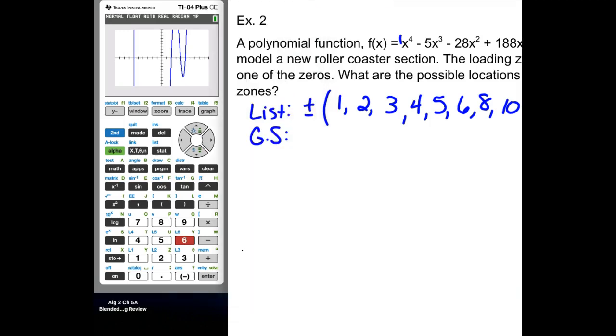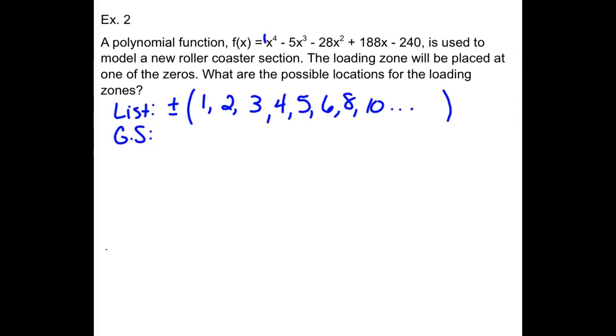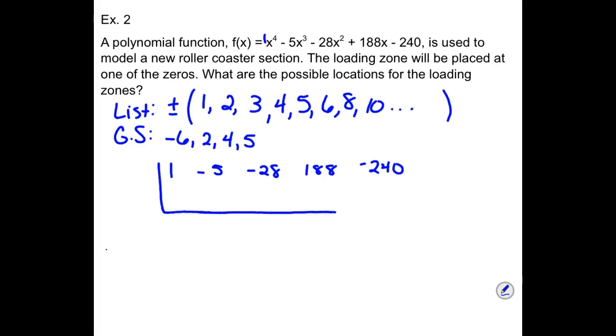So let's go back and see if we can prove those work. Our graph suggested -6, 2, 4, and 5. We're going to go through that synthetically. My coefficients are 1, -5, -28, 188, and -240. We're going to start with our -6.